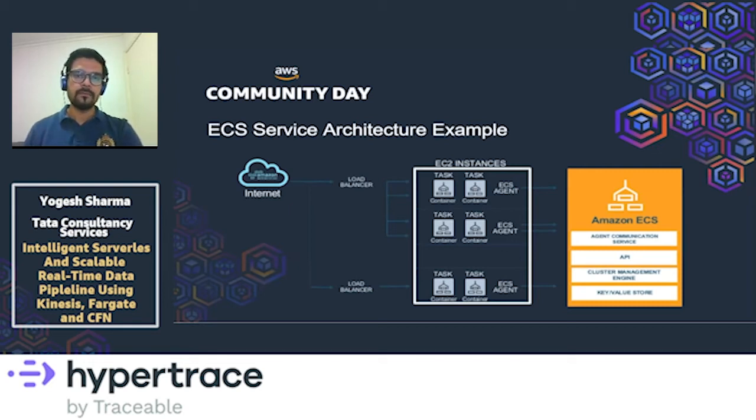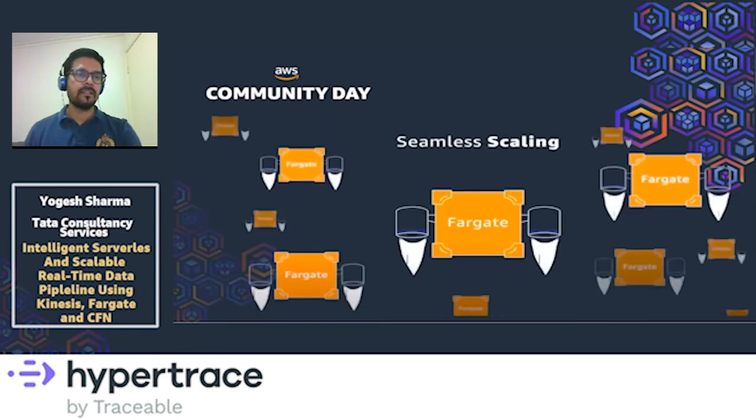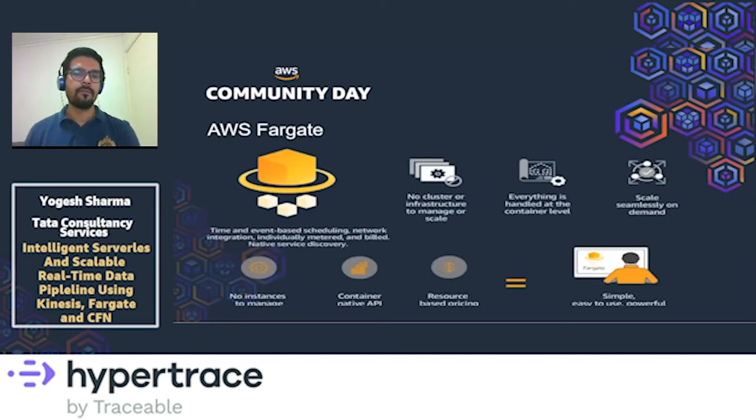But if we need seamless scaling, and we don't want to worry about how we manage all these compute machines, then we can think of AWS Fargate. With AWS Fargate, we don't need to worry about any cluster infrastructure to manage. Everything is handled at the container level. We just need to worry about the image or the code that we build and push onto the Elastic Container Registry or Docker Hub.